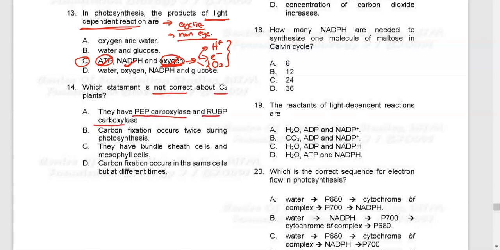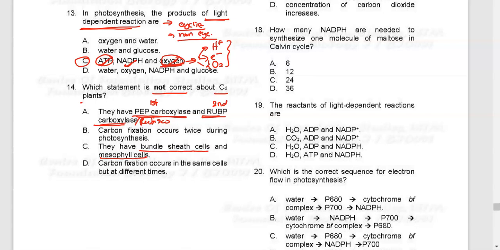For C4 plant, they will use both of these enzymes. PEP carboxylase will be used during the first carbon fixation that takes place in the mesophyll cell, and the RuBP carboxylase or Rubisco will be used during the second carbon fixation, which is the Calvin cycle, that will occur in the bundle sheath cell.